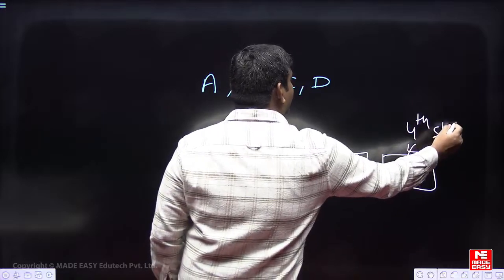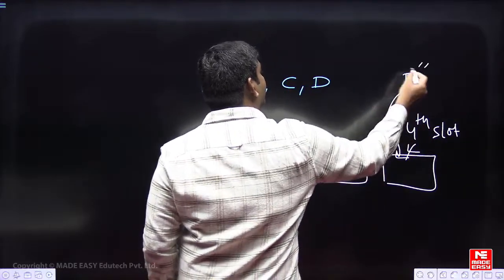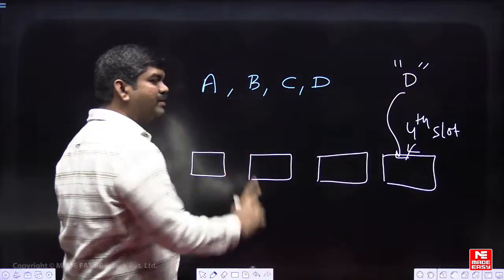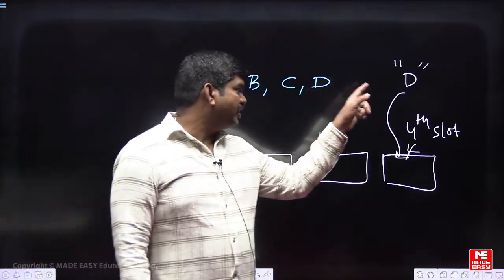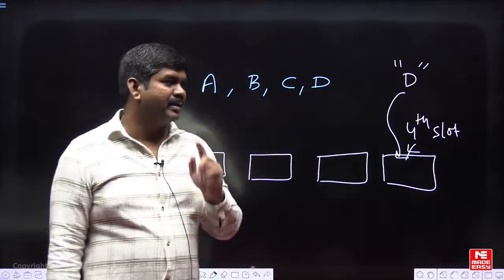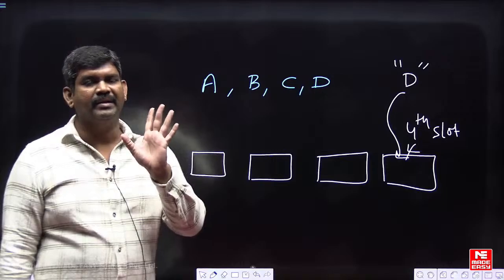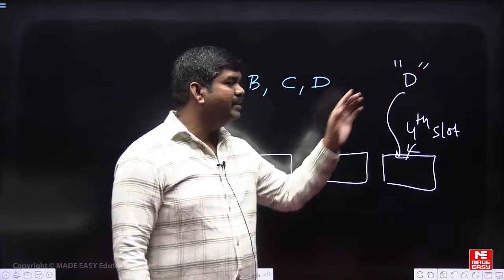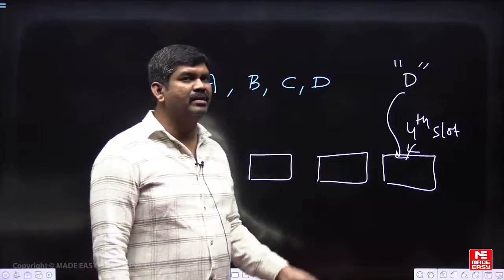They are telling that in this 4th slot station D has got a success. So the question is regarding station D only. The basic idea is that station D has got success in the 4th slot for the first time. This is the hint: station D has not got a success in the first, second and third slot.